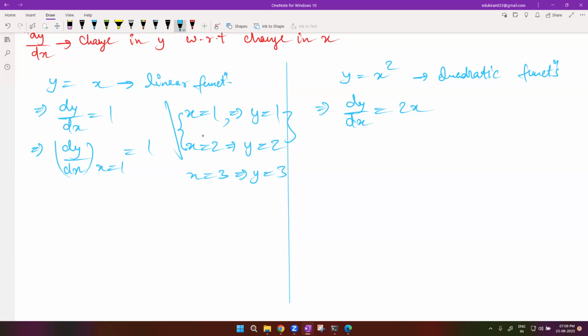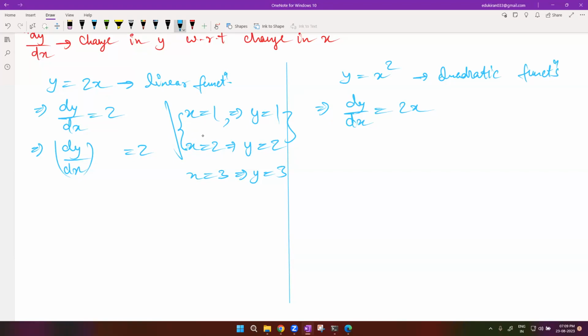For example, let's say in place of y equals x, we have y equals 2x. Now dy by dx is 2, right? So at every place, whatever your x is, dy by dx will remain 2. Now if you observe, whatever change you make in x, the change in y will become double of that.